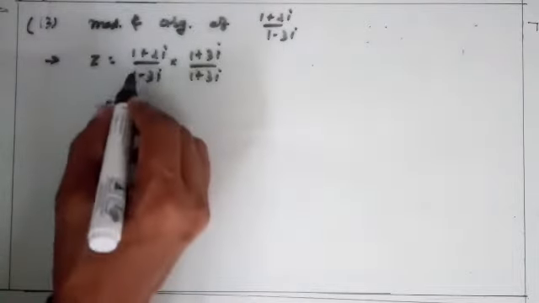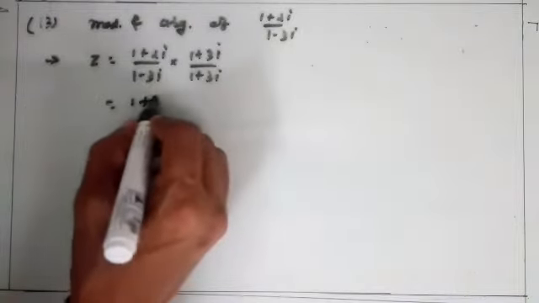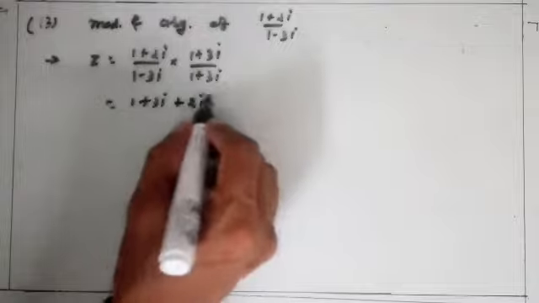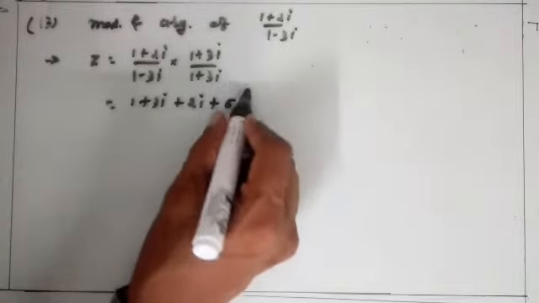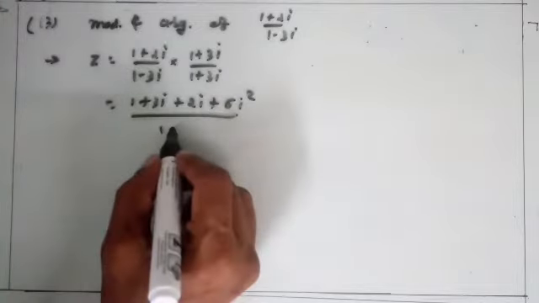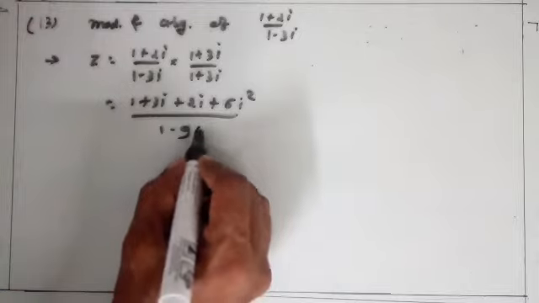Now the product of these two: 1 into this number is 1 plus 3i, 2i into this number is 2i plus 6i square, upon, here the product of these two is 1 square is 1 minus 3 square is 9, I square equal to minus 1. Clear?